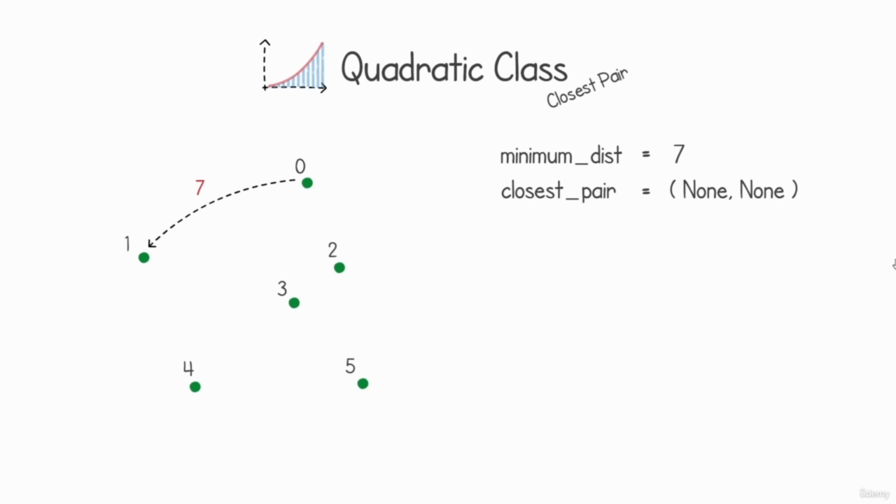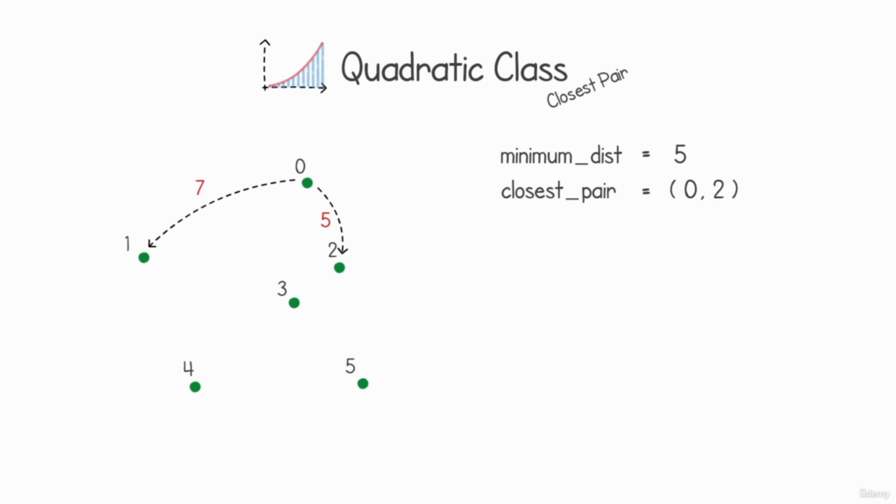From none, it will be 0 and 1, because we have chosen these 2 points to be our 2 closest pair. And from that, we move on to calculate the distance between 0 and 2. Between 0 and 2 we have a distance of 5. 5 again is smaller than our current minimum distance, which is 7, so we update that 7 to be 5, and we also update our closest pair variable to be 0 and 2.